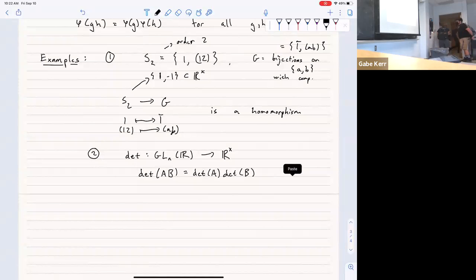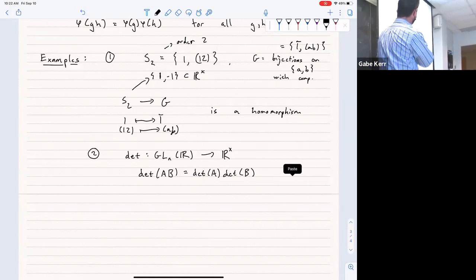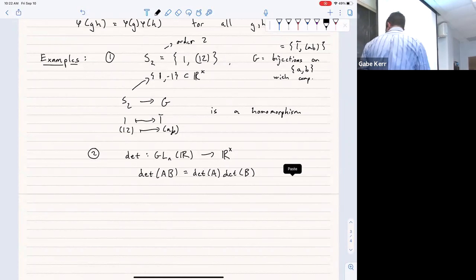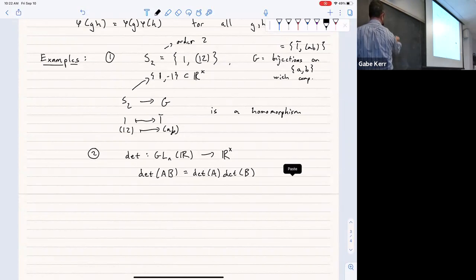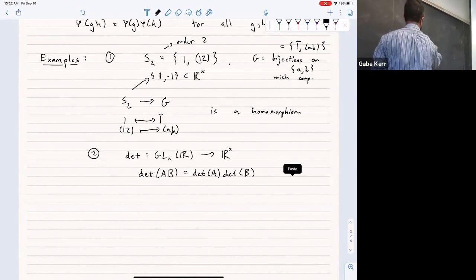Take the set 1, -1. There is a homomorphism to it. It's a group under multiplication. There's a homomorphism which takes the identity permutation to 1, and this transposition goes to -1.